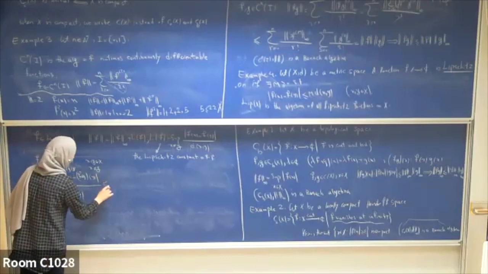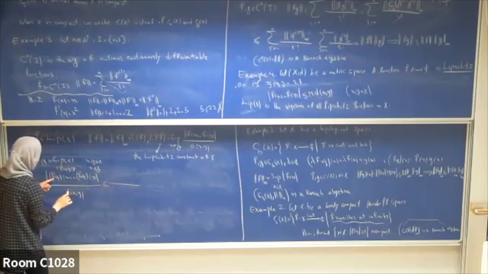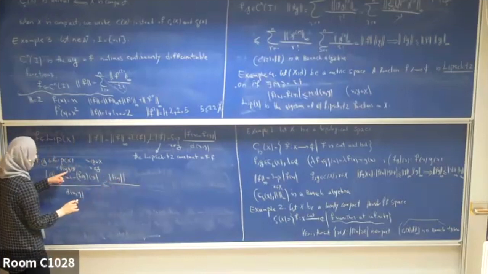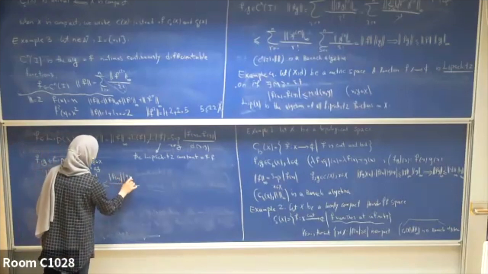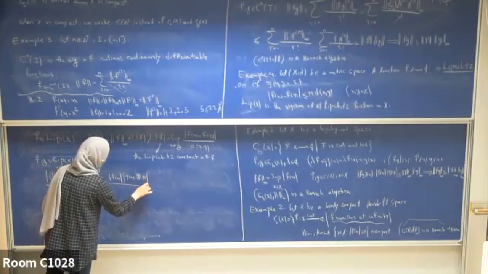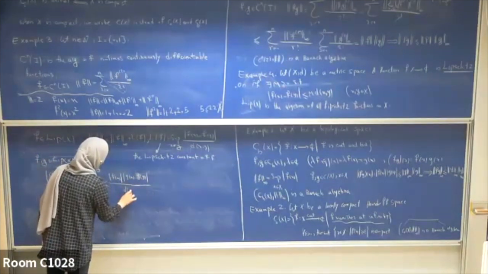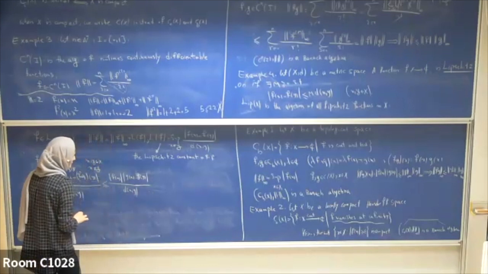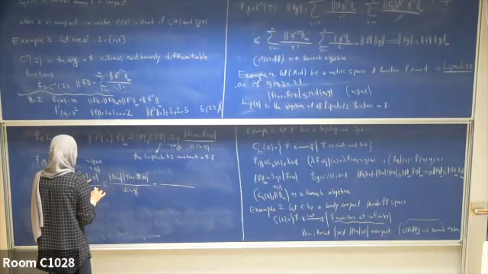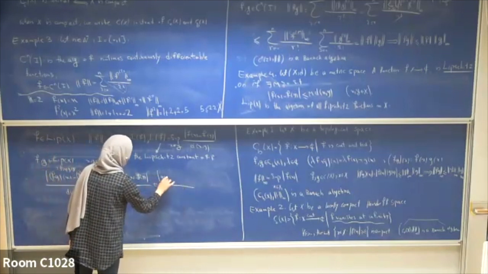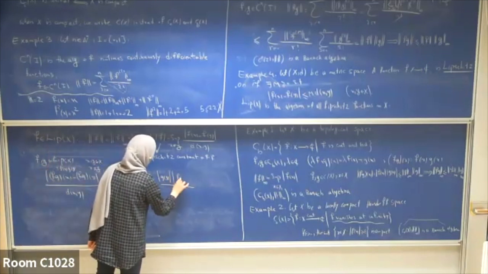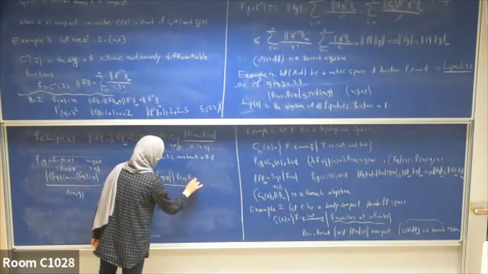From the triangle inequality, we can say that it is at most |f(x)| times |g(x) minus g(y)| over d(x,y), plus the other one, |g(y)| times |f(x) minus f(y)| over d(x,y).